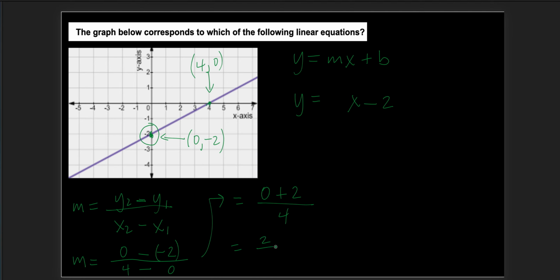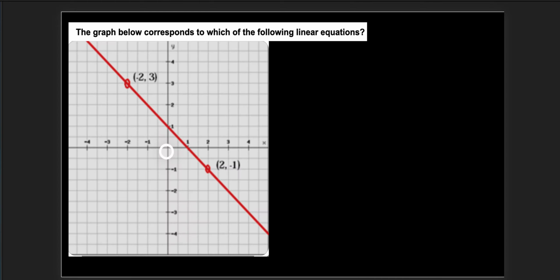And then I'll make 2 over 4, which is 1/2. So the slope is 1/2. And that's the equation of that line on the graph. So you can review that video and see how I did that again.